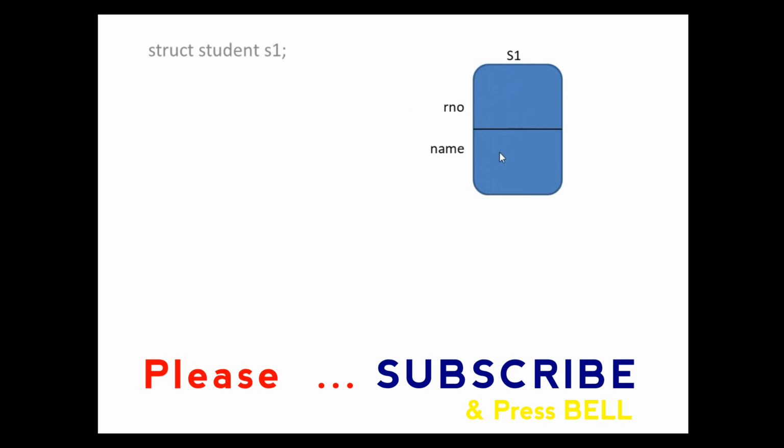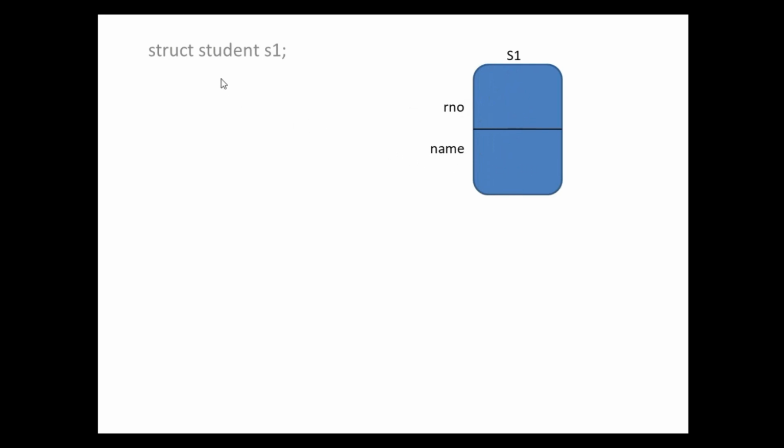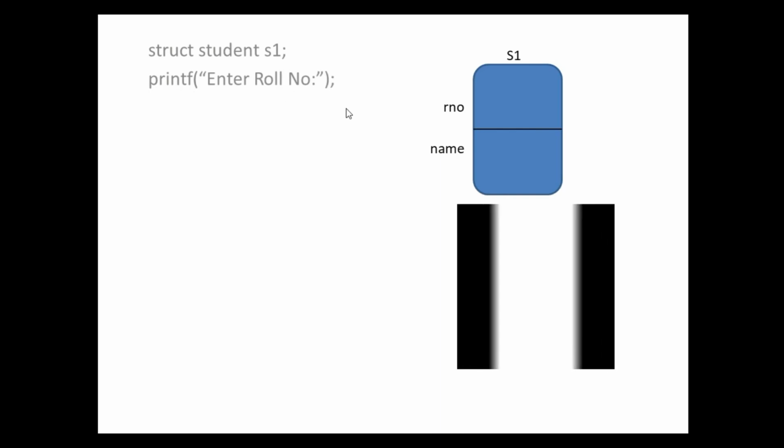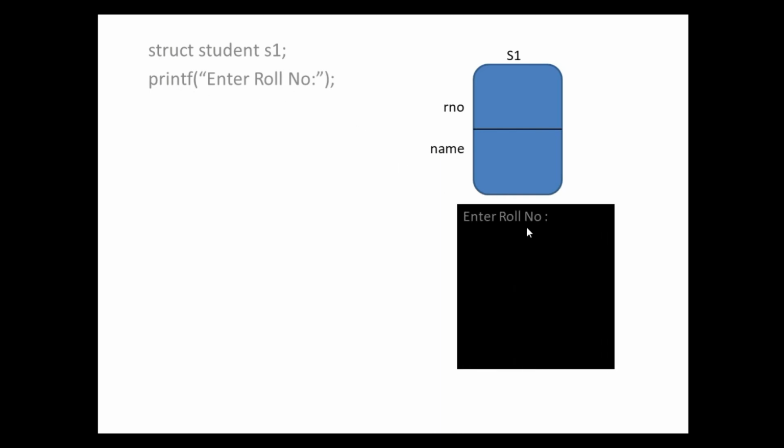There are no values at the moment. As the program's execution goes ahead, our line is printf enter roll number, so it will print enter roll number on the output screen. We have given 10 and pressed enter, so this scanf statement will receive number 10 and store it in S1's roll number. So now 10 is stored.